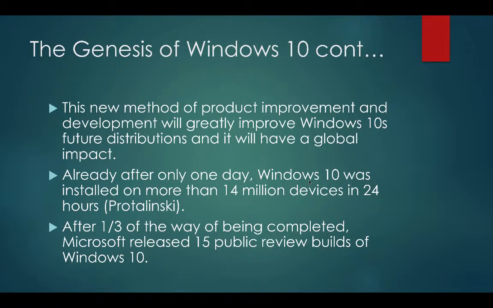And I mentioned earlier how 1/3 of the way of being written, Microsoft released it to the developers for review. And before Windows 10 was in its final version, they had already released 15 different versions for improvements.